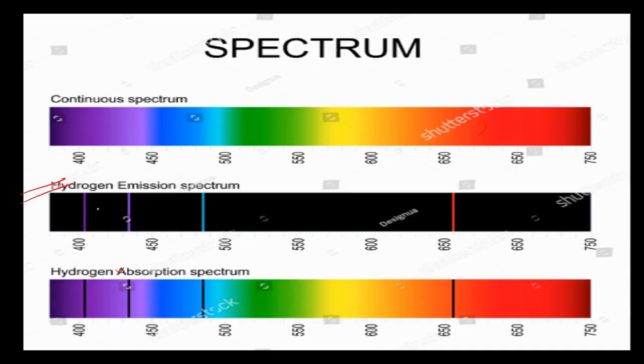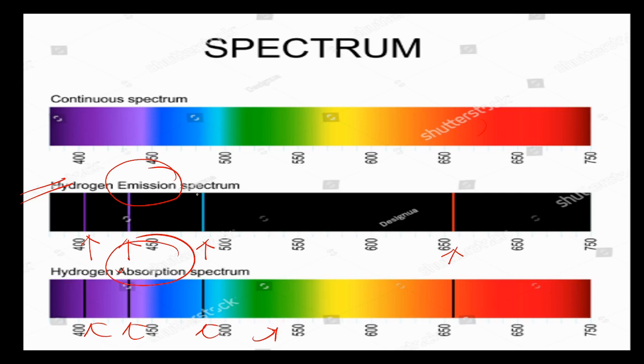Here is the emission spectrum of hydrogen. Here you can see all the lines are shown. If it is absorption spectrum, there also you can see lines are shown. So hydrogen is giving line spectra. That means atoms are giving line spectra.